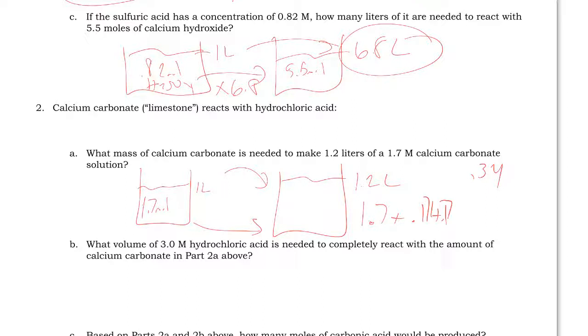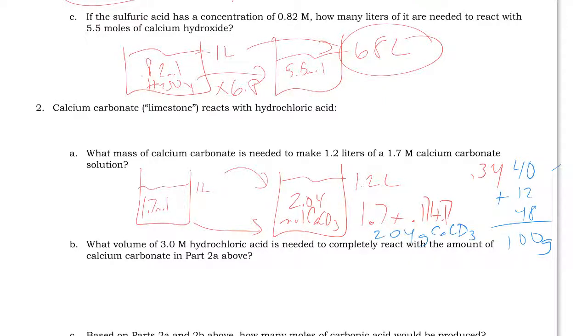So that would be 2.04 moles of CaCO3, and Ca is 40 plus C is 12 plus 48 for the O3 is 100. That's 100 grams per mole. So we would need 204 grams of CaCO3.